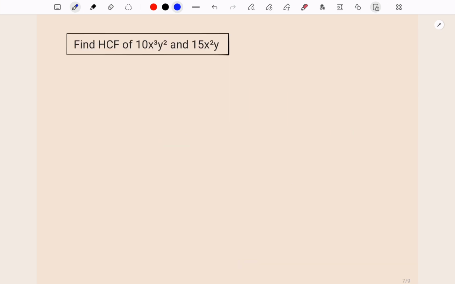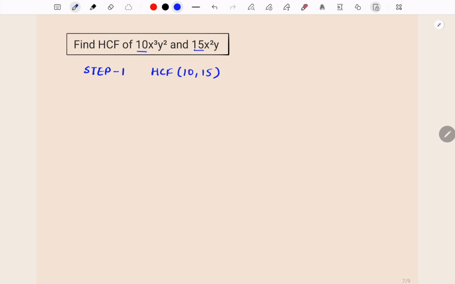Now let's solve a similar example. Here we need to find the HCF of 10x cubed y squared and 15x squared y. Here we need to first find the HCF of the numbers. We have 10 and 15. Let's find the HCF of 10 and 15.